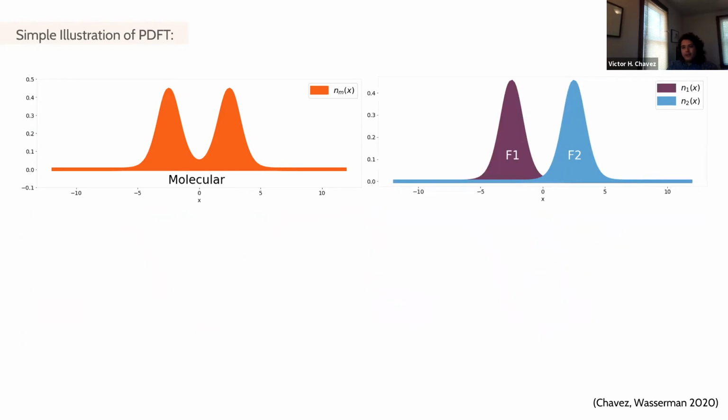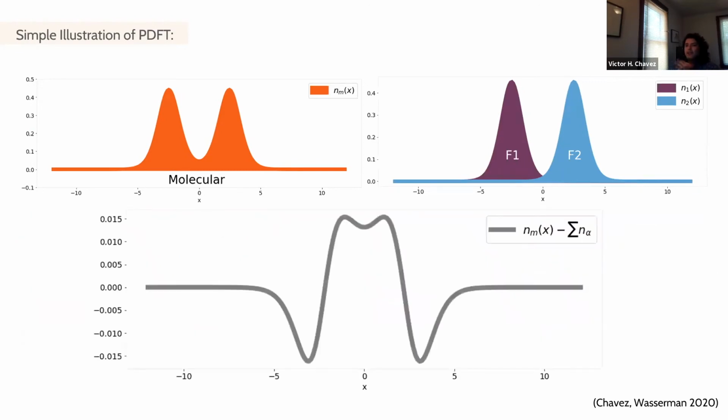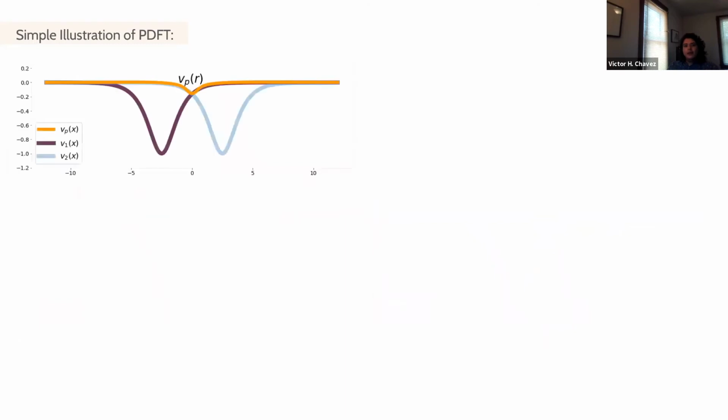And just like we saw at the beginning, these two things do not add up to the same thing. But from the partition theorem, we now know that there is this external thing that I can add to each of the external potentials. Here, this is the VP that mimics very much the overlap region, the orange one.